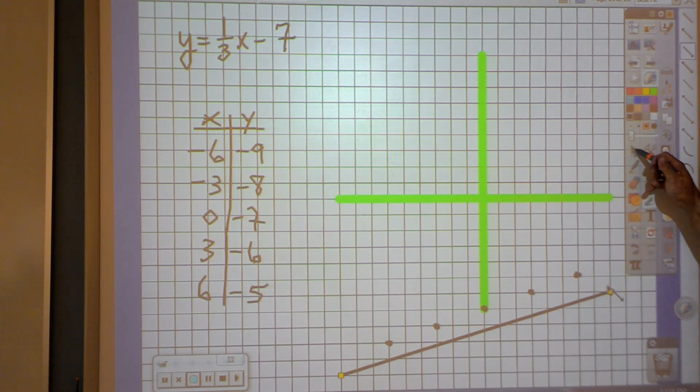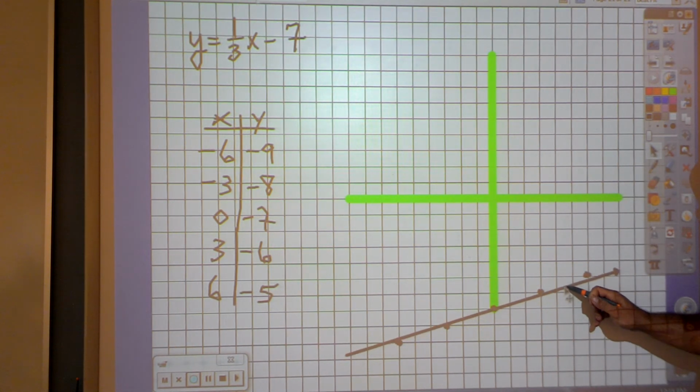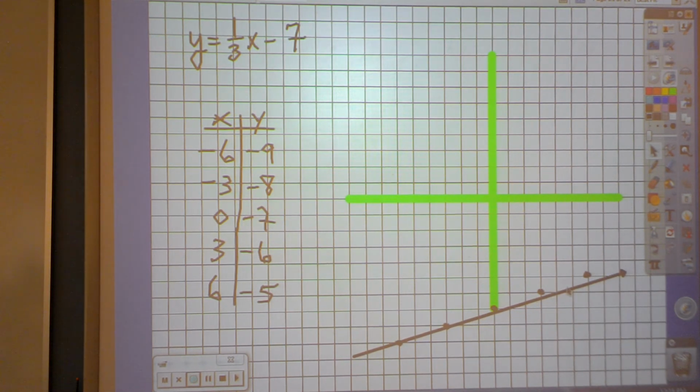Okay, the whole point is that y'all see how to graph.